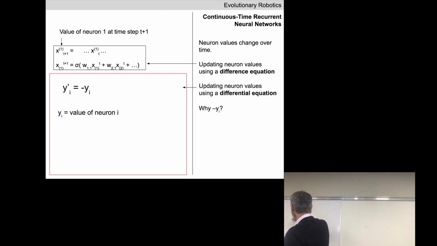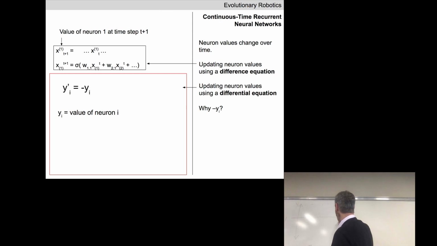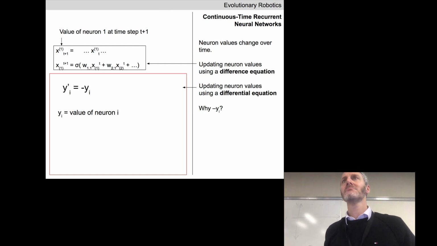Let's describe the value of y as the value of y sub i. We want to look at how this value changes as a function of time. For our purposes, let's assume that the value of the neuron can range between -1 and +1. What does this differential equation tell you at the moment about the behavior of this neuron?